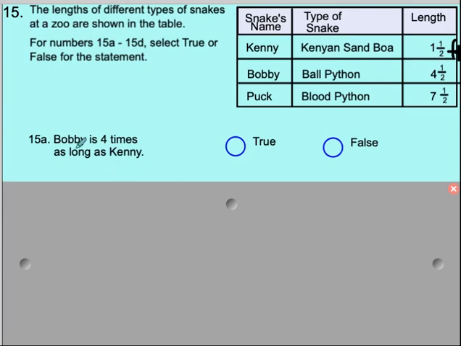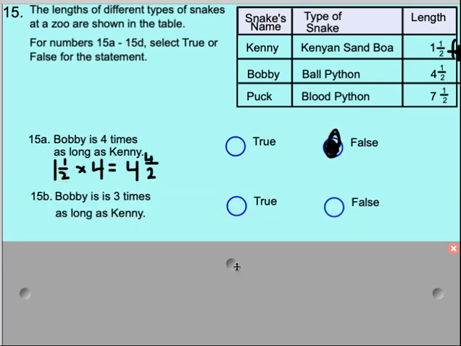Let's check this out. 1 1/2 times 4. 1 times 4 is 4. Oh, I see what happened. Somebody got confused and just took the 1/2 and put it over here. But we can't do that. We actually have to multiply 1/2 times 4, which is the same as 4 halves. So it would be 4 halves, which is the same as 2. So 4 plus 2 is 6. So this one's false.